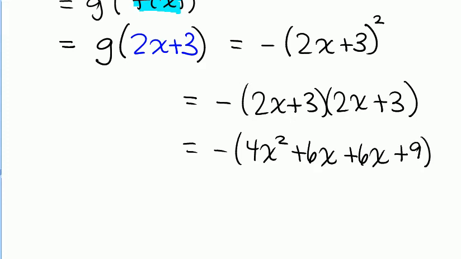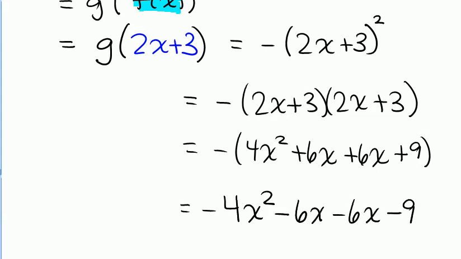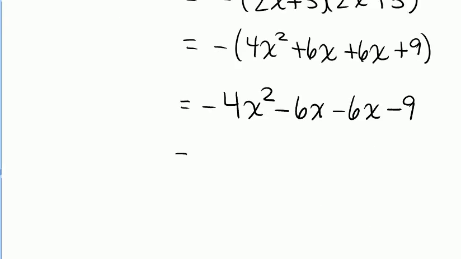So our final answer is negative 4x squared minus 6x minus 6x minus 9. And when you add like terms, it's negative 4x squared minus 12x minus 9.